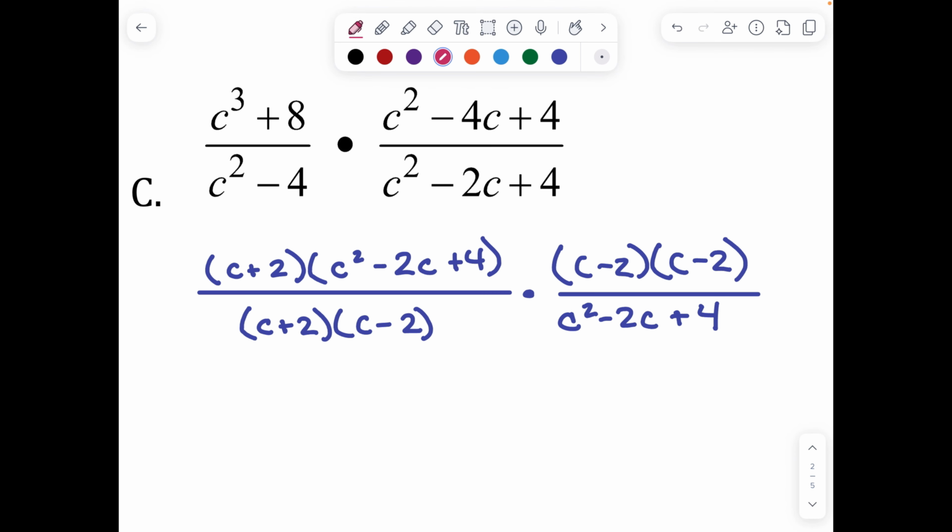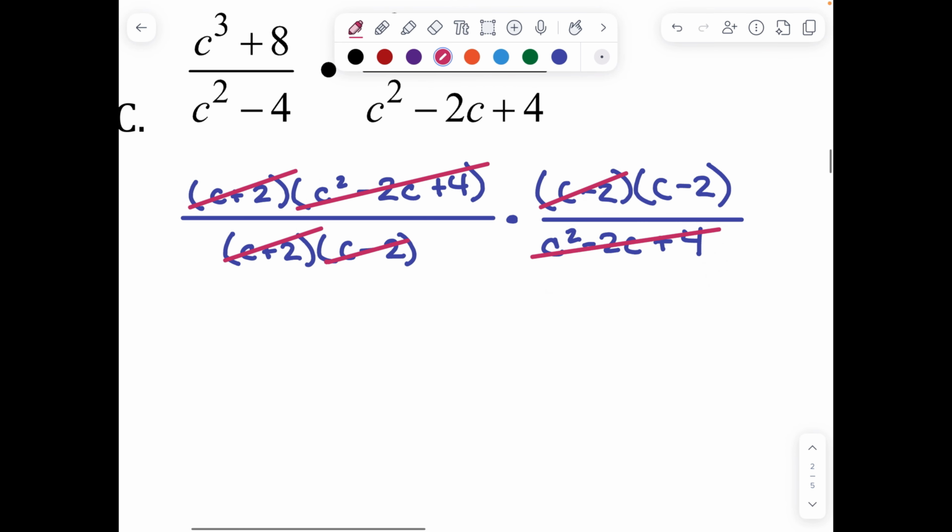Now we can go ahead and simplify. So I see a c plus 2 in my numerator, c plus 2 in my denominator. I see a c minus 2 to simplify. And I also see this whole trinomial c squared minus 2c plus 4.